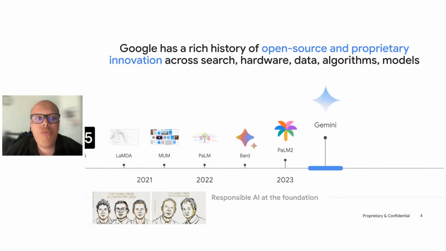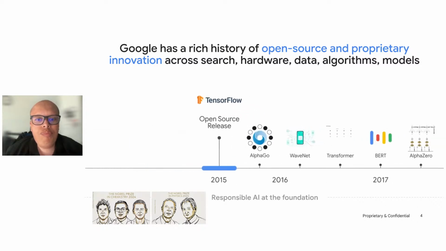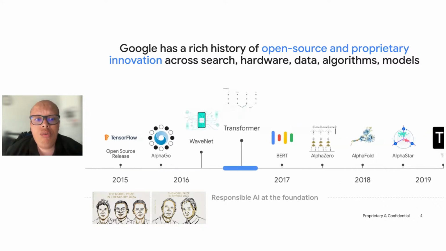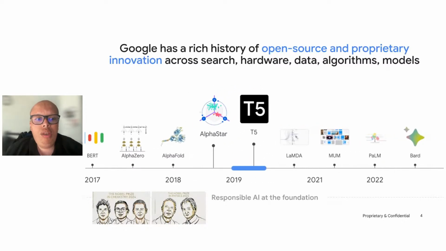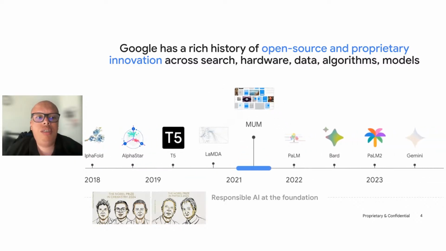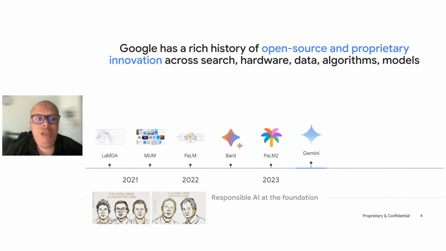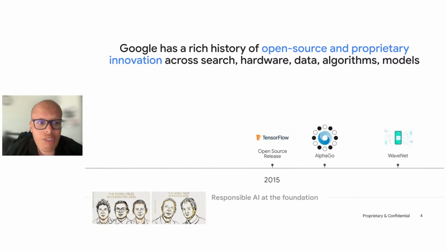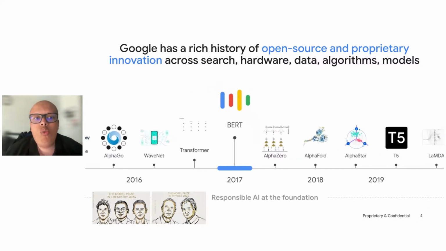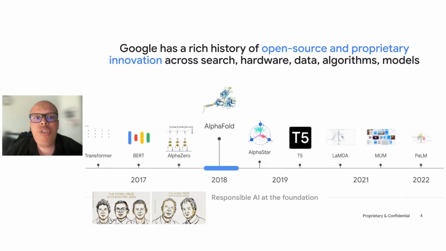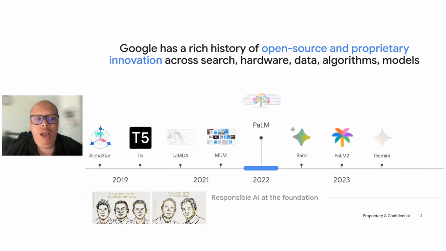It started with TensorFlow, along with AlphaGo, BERT, AlphaZero, etc. And now we have the newest Gemini family of models. Google scientists and personnel have been granted Nobel Prizes in chemistry and in physics in 2024. That is a testimony of the quality of the innovation and the research that Google is contributing to.